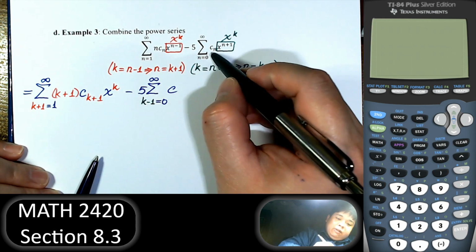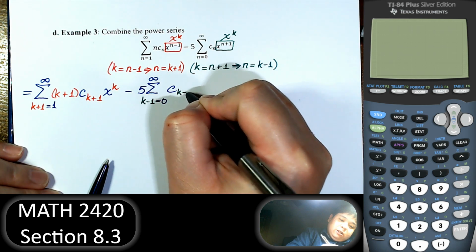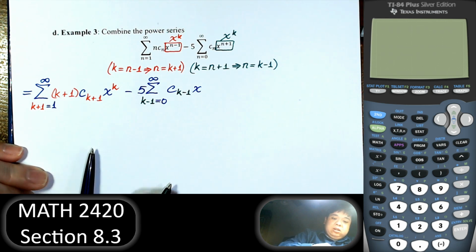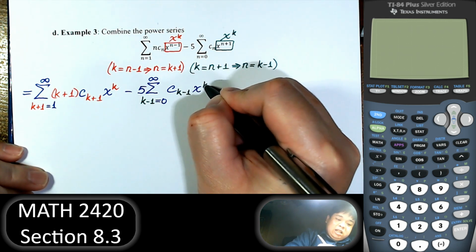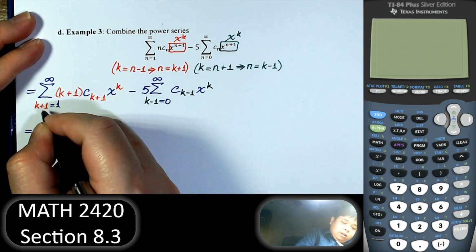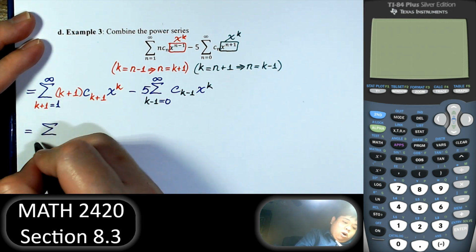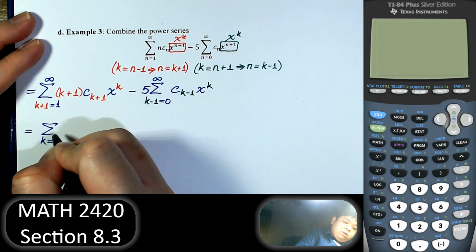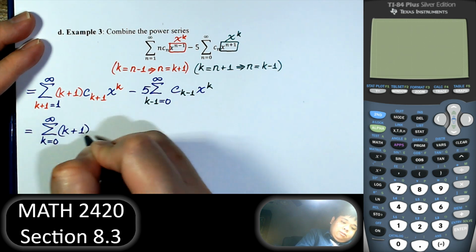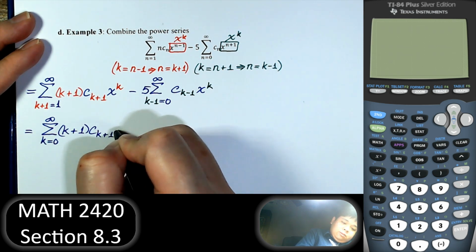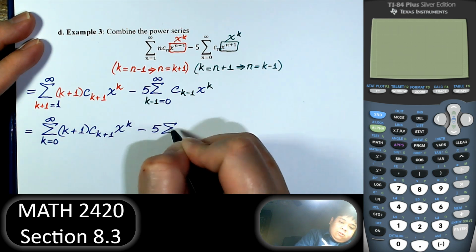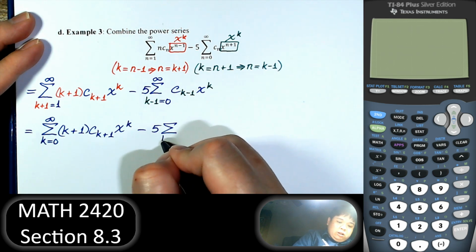C of n, which is k minus 1, x to the n plus 1, which is x to the k, and that's exactly what we need. Right, let's simplify this. K plus 1 equal to 1, subtract 1 on both sides, k equal to 0. And then the series will stay the same. Plus 1 on both sides.